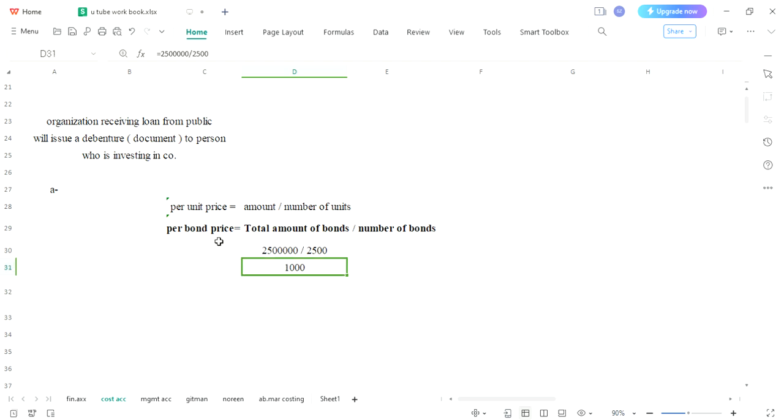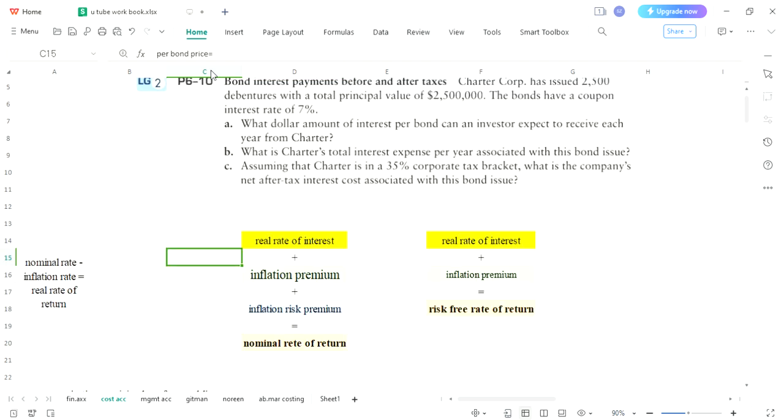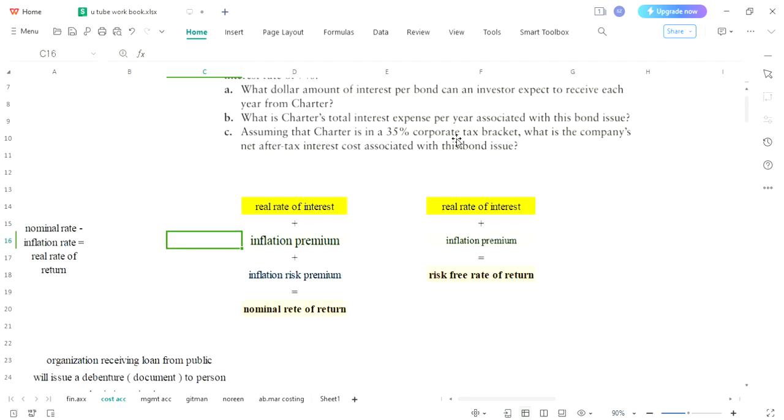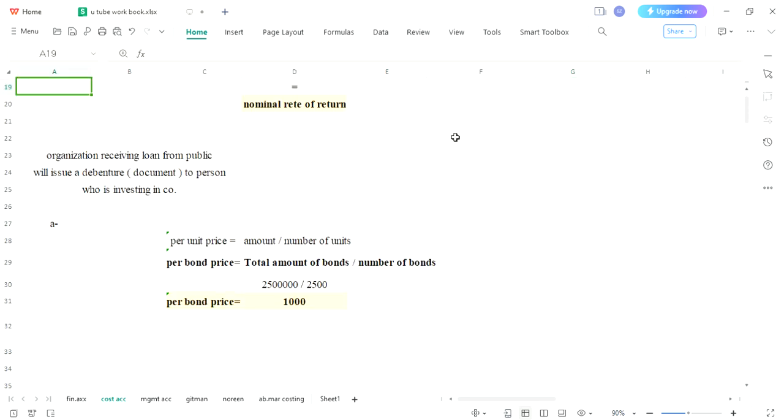So we have got 1000, and what is this 1000? Per bond price. Let's highlight it because it would be needed for our question. So we have got per bond price as 1000. Now let's get back to the requirement. What dollar amount of interest per bond an investor expect? So it means amount of interest.